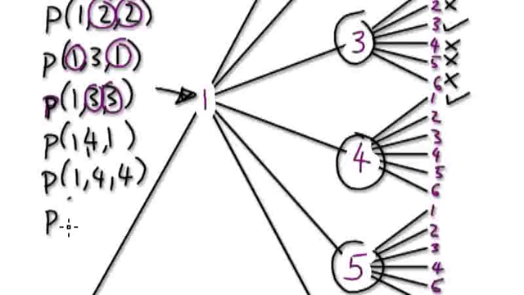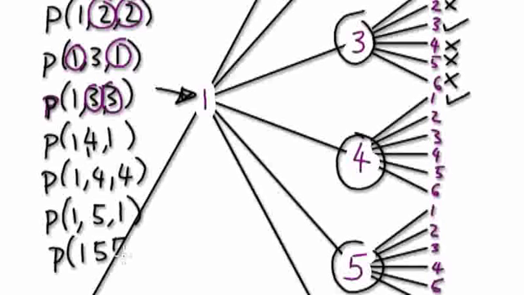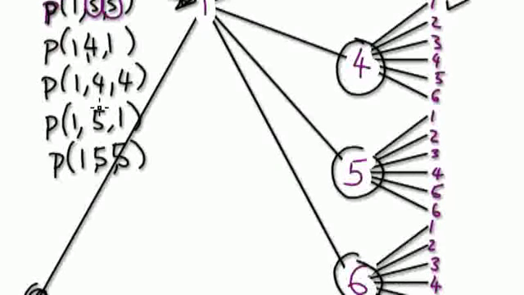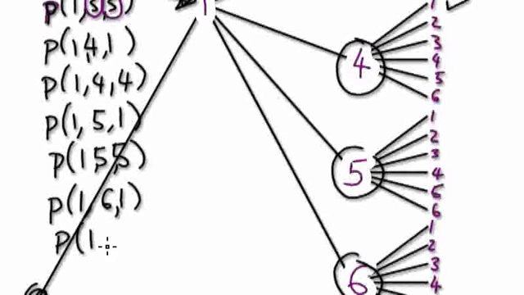Then 1, 5, 1 and 1, 5, 5 would be good outcomes. By drawing a map, you get to see the pattern. Now going to the 6, 1, 6, 1 would be a good outcome, and then 1, 6, 6 would be a good outcome.